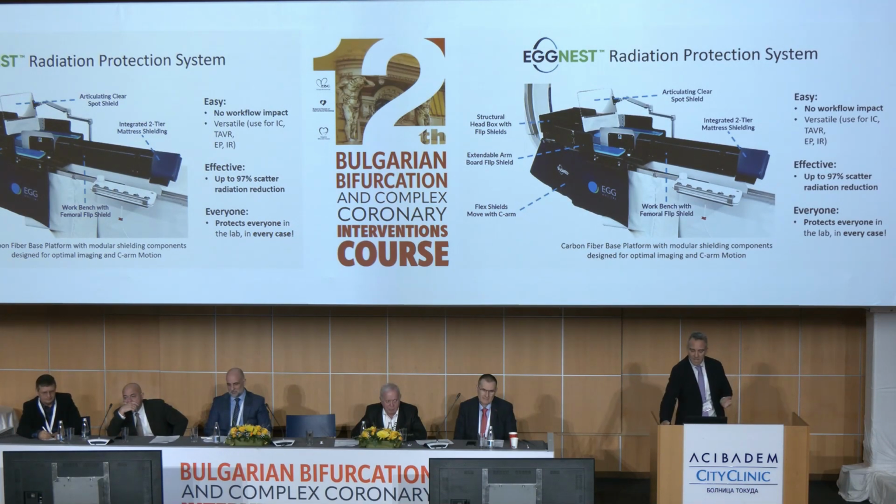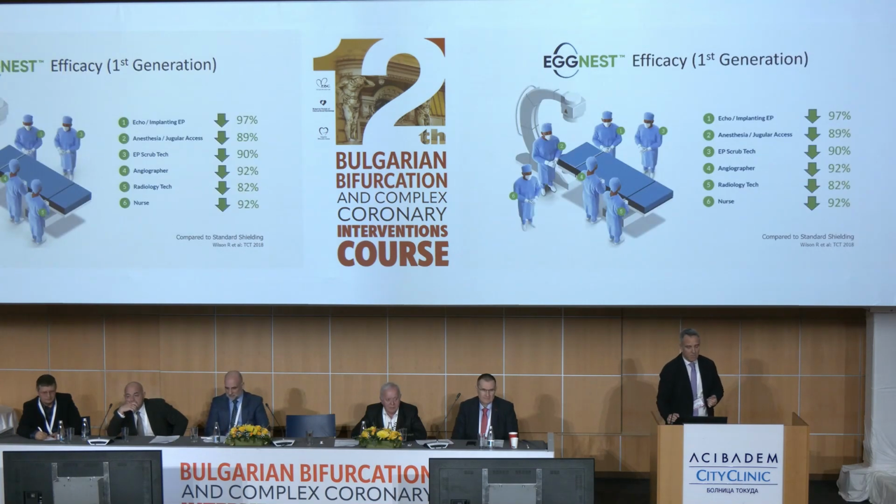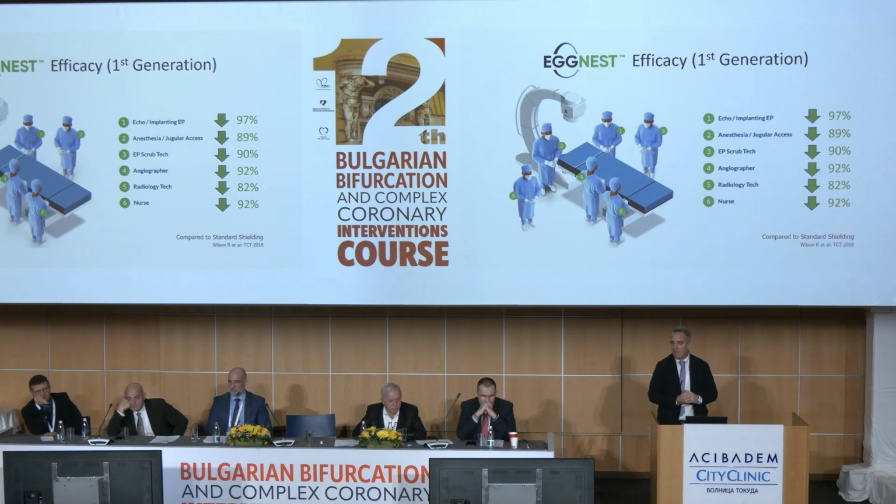But it doesn't take you out of the lead vest. So it's very efficient, and you can see here the reduced numbers. The most important thing is that, for example, if you do TAVIs, the echo guys who stand at the head get protection, because usually they don't get protection in this setting.